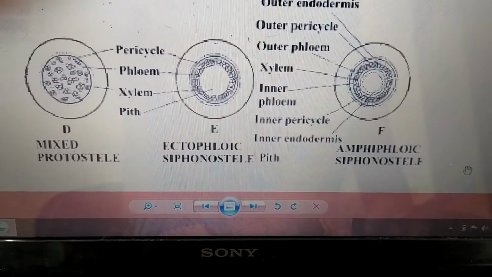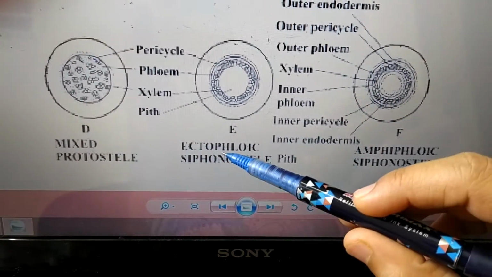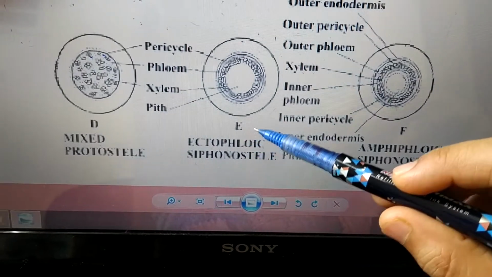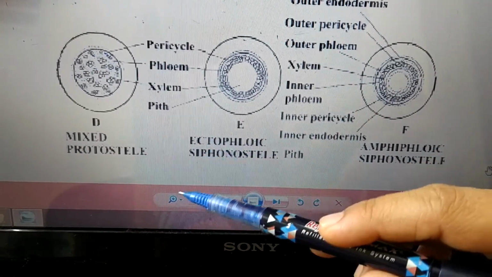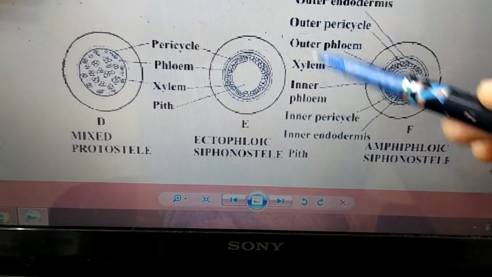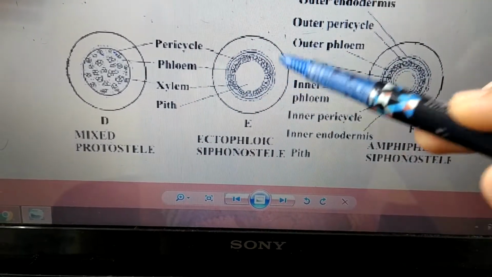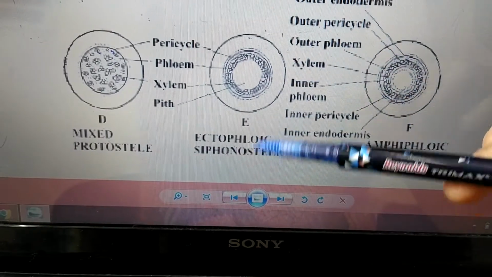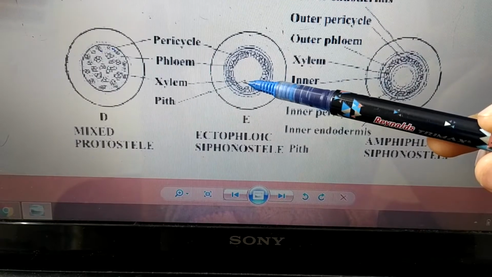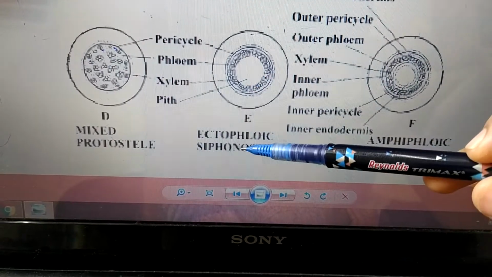Now this word phloic, P-H-L-O-I-C, phlo is nothing but it is addressing phloem. Ecto is outside. When the phloem is present outside in a stele, such a stele having pith and presence of phloem outwardly is called ectophloic siphonostele.